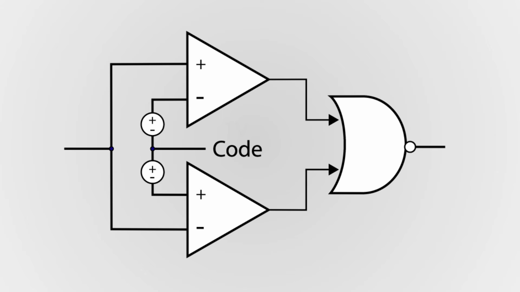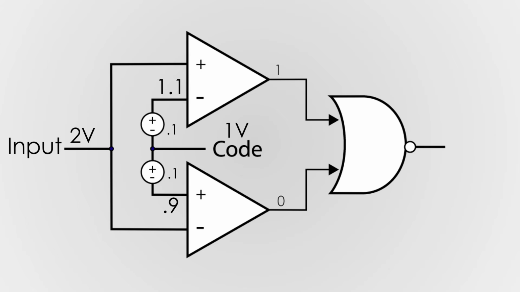To explain the operation, we'll start with an example where the code is 1 volt and our finite voltage sources are 0.1 volts. So we see in the top comparator the negative input is 1.1, and in the bottom comparator the positive input is 0.9 volts. Given an input, say 2 volts, the top comparator will see that the plus terminal is greater than the negative terminal and gives a 1.